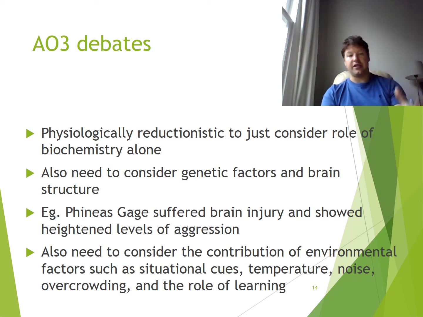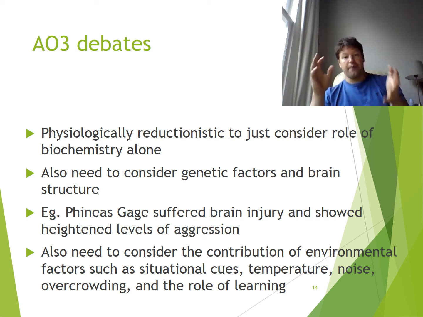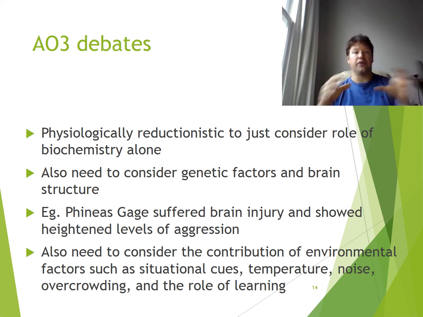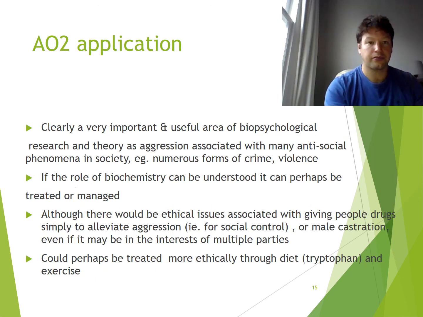So that wasn't necessarily neurohormonal, that was more to do with a change in the brain. Also need to consider the contribution of environmental factors, situational factors like temperature, noise, overcrowding, role of learning. The London riots are in the summer. The Los Angeles riots are in the summer. Lots of things cause aggression, and it can't be just a reductionist view of neurohormonal.